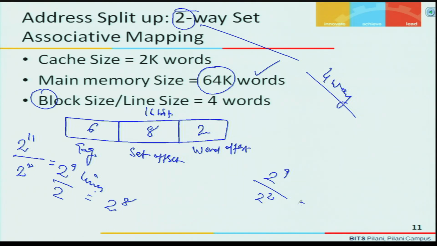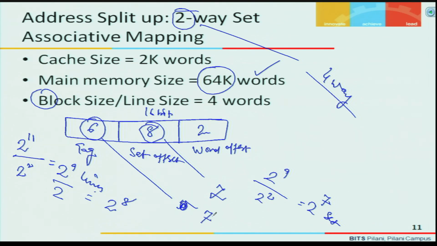So that will give me 2 raised to the power 7 sets. And now set bits will be 7, from 8 it will become 7, and the tag bits will be, from 6 it becomes 7, because one bit decreases from the set field, so that bit will be added to the tag. So it will become 7 plus 1 is 14, plus 2 is 16. So total 16 bits are there.